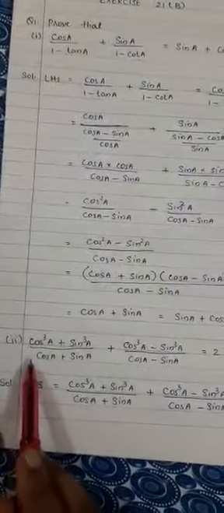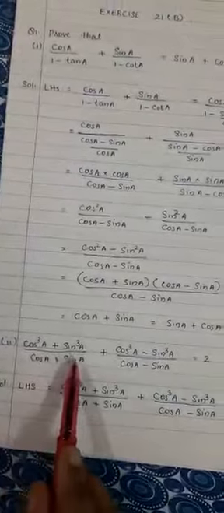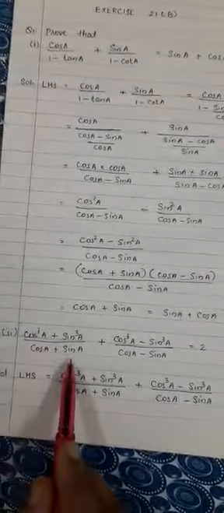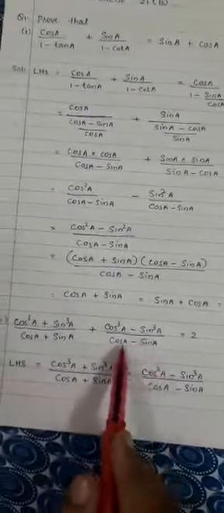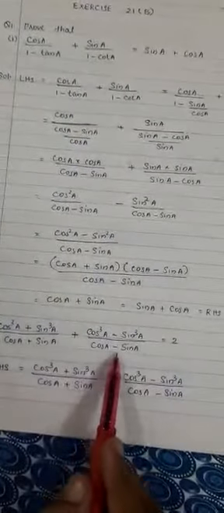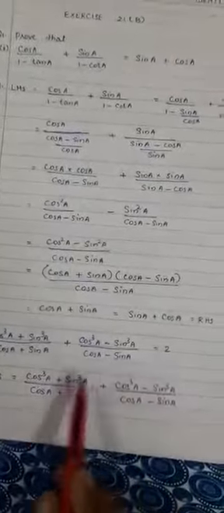Next question. Cos cube A plus sin cube A divided by cos A plus sin A plus cos cube A minus sin cube A divided by cos A minus sin A equal to 2.